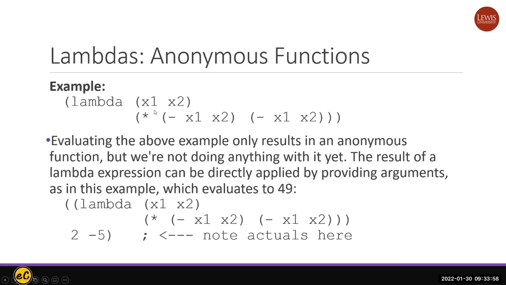We can have a lambda expression with s1 and s2, and you perform the square of this. So this one will calculate x1 minus x2, squared. That is a lambda expression.